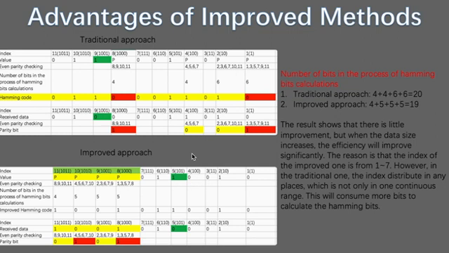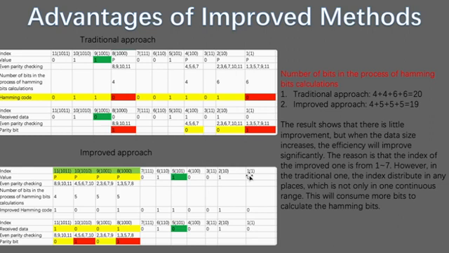However, once you increase the data size, you will see the significant improvement, because once the data size is so large, the index of the data will always be so large. And for the traditional version, those index will be much larger than the improved version, because in the improved version we put all the data index on the right side.